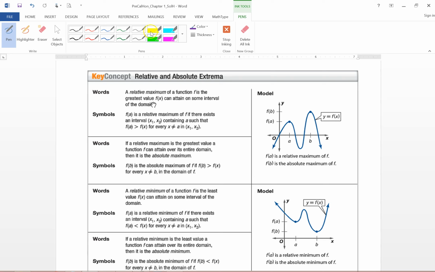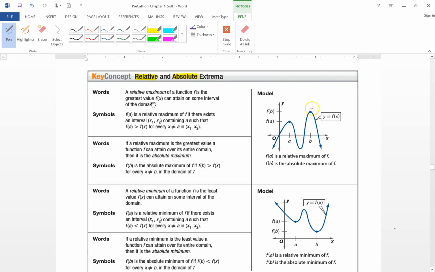Now, there is a differentiation between relative and absolute extrema. So of the maxima or the minima, okay, the highest peak is always called the absolute maximum, and the lowest valley is always called the absolute minimum.